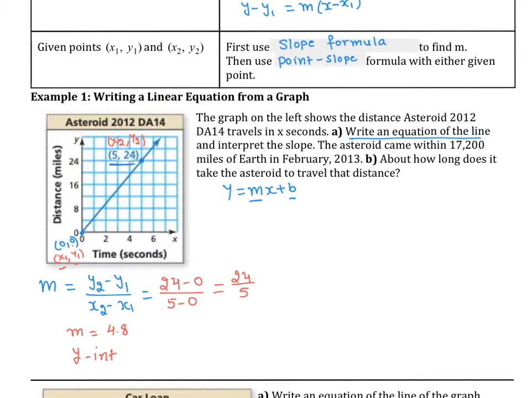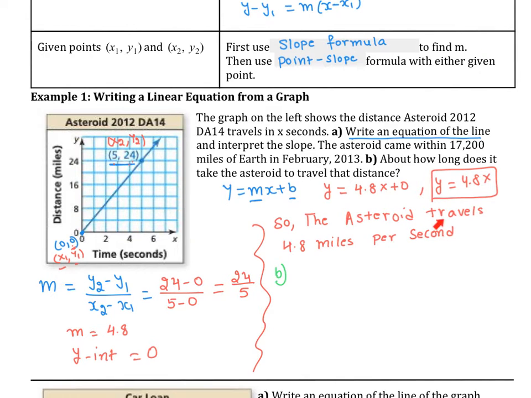So the y-intercept should be this point 0, and when you plug it into the equation, you get y equals 4.8x plus 0, or just y equals 4.8x. So part a is finished and our equation of the line is y equals 4.8x. So the asteroid travels 4.8 miles per second.